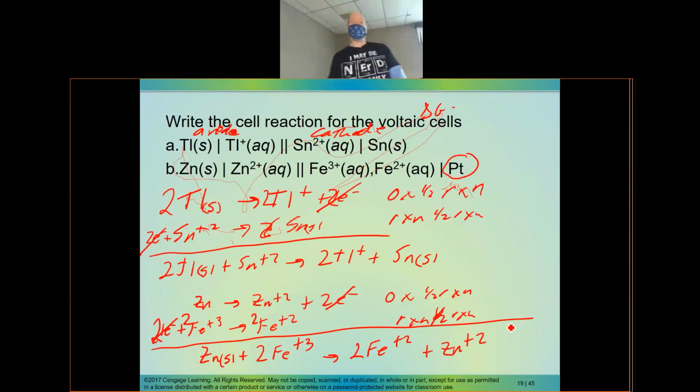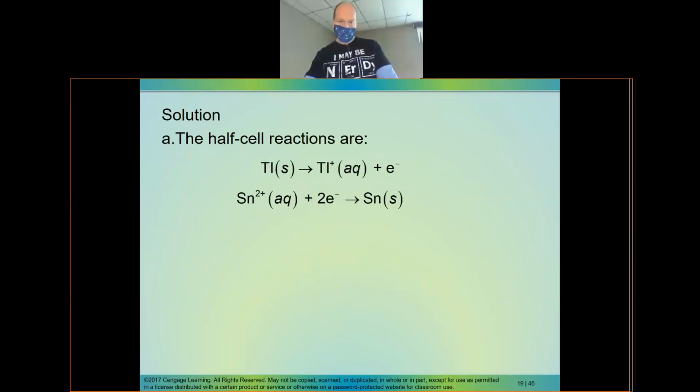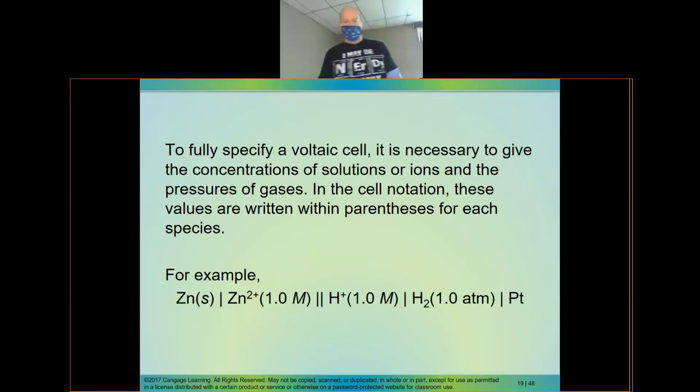All right, so you should be able to do both ways. You should be able to go from a cell notation to a reaction. You should also be able to go from a reaction to a cell notation. All right, so here is where they are finally putting in the concentrations.